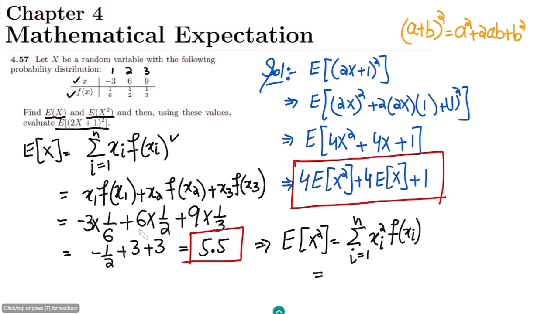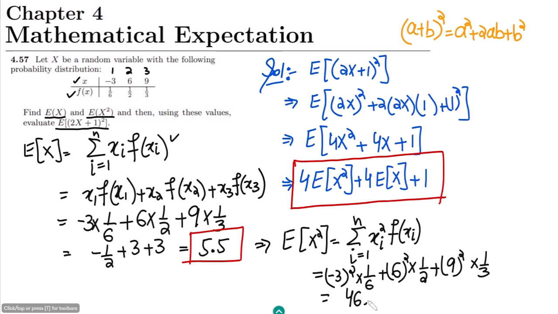Okay, so using the same formulation, we will have here minus 3 square multiplied by 1 by 6 plus 6 square multiplied by 1 by 2 plus 9 square multiplied by 1 by 3. Okay, so evaluating it at the end, the value of it would be 46.5, and this is for E of x square.